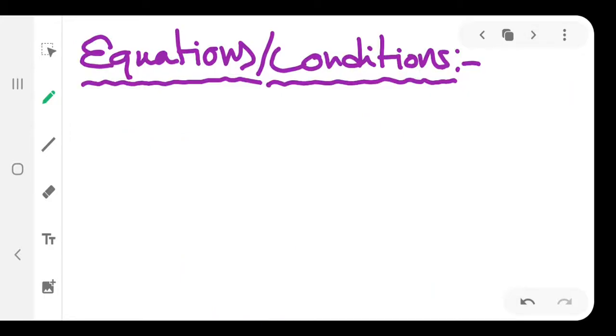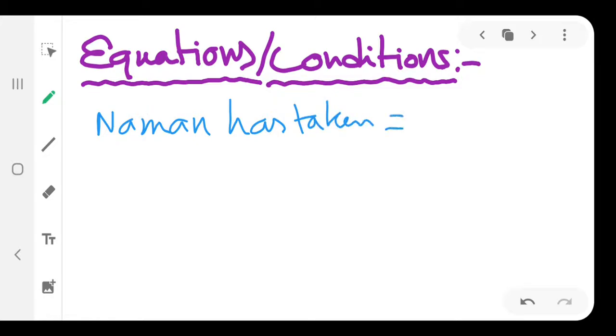Equations. My God, what is that? Or condition. I don't know what that is. Like say, I'm telling you very easy things. Let's say Naman has taken 5 pens.